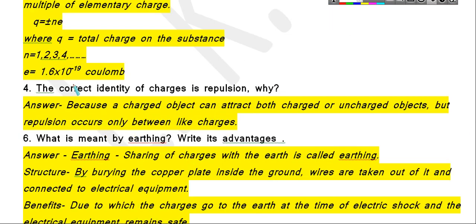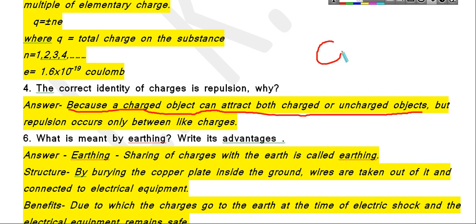Question number 4. The correct identity of charge is repulsion. Why? Because a charged object can attract both charged and uncharged objects. If a body is charged either positively or negatively, when a charged body is brought near to it, it will attract.